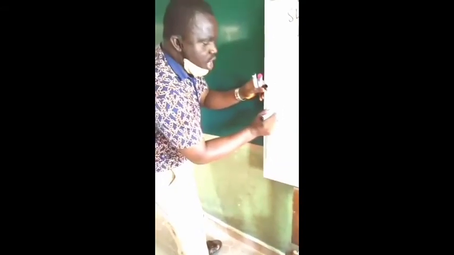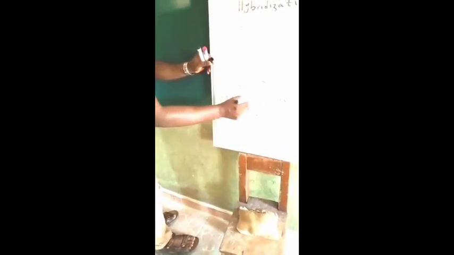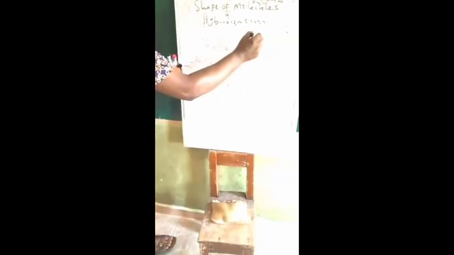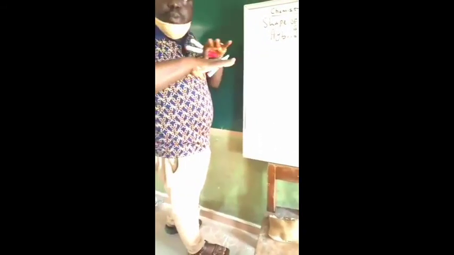Then the last one, to close the class, you have the alkyne, that is the triple unsaturated. You understand? In your 2px, your 2py, your 2pz, because we know that carbon forms a bond not at the ground state but at the excited state, because at the ground state there are only 2 unpaired electrons in carbon.